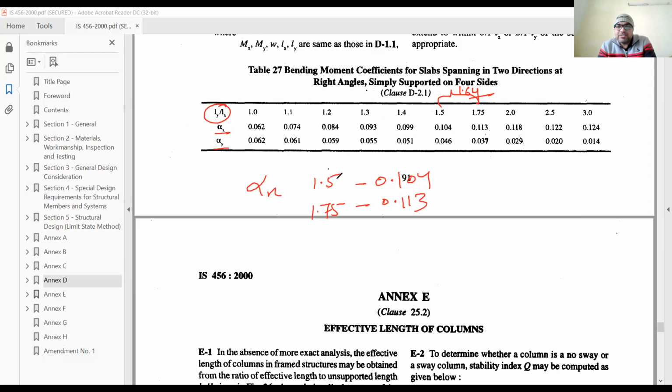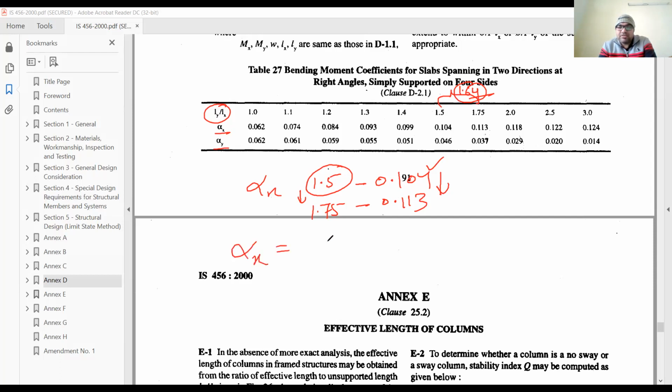As you can see, as the value of lambda is increasing, the value of alpha x is also increasing. So here our alpha x value for 1.64 will be higher than this.